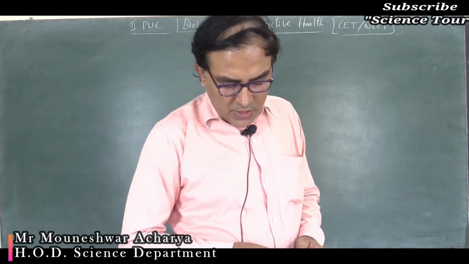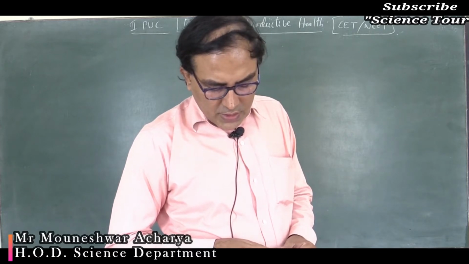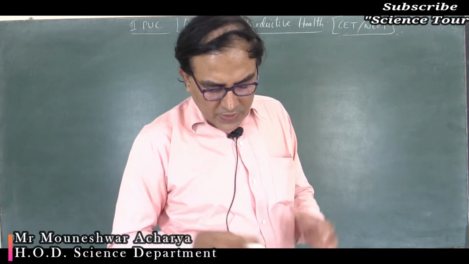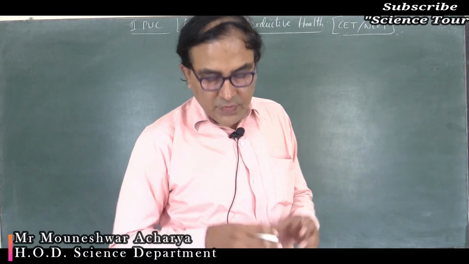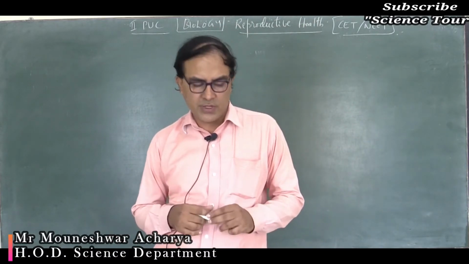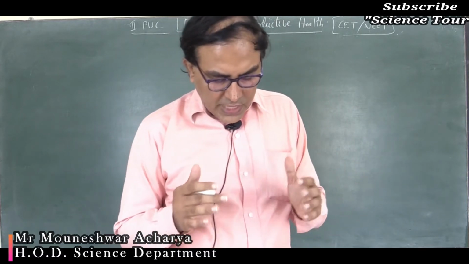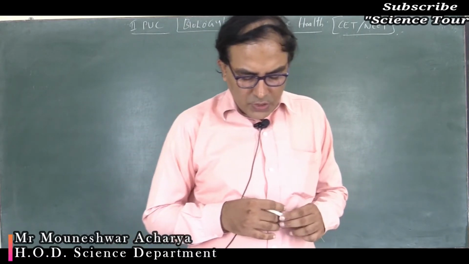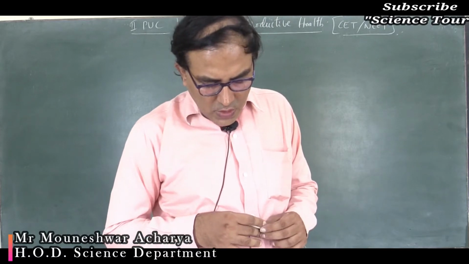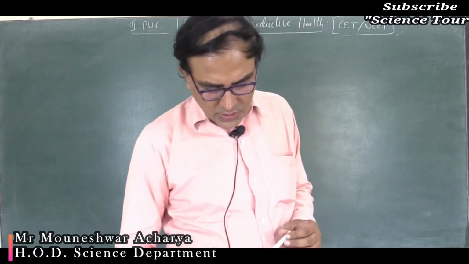IVF means, as we already discussed, in vitro fertilization, where the fertilized egg, which is at the stage of zygote, a single celled diploid zygote, can be transferred to the fallopian tube or maybe into the uterus.